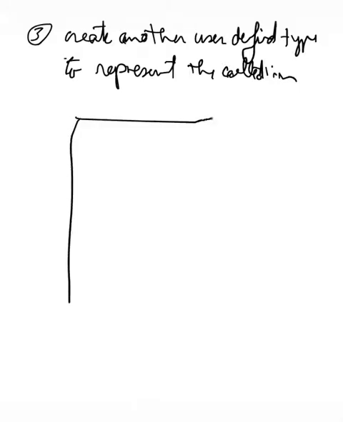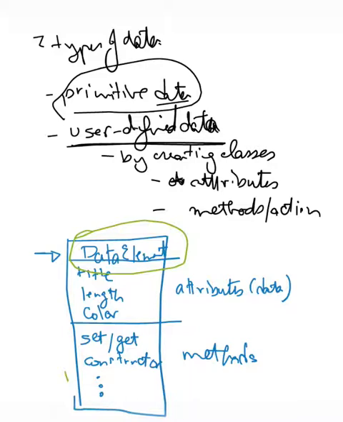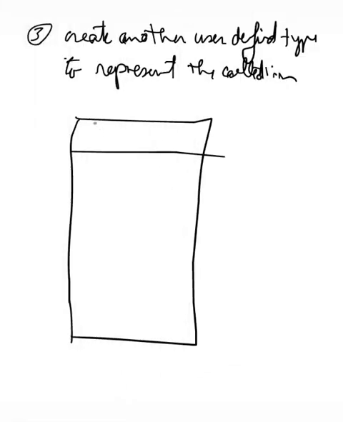So if I create my class diagram, and if I named my data type data element, maybe the other one I can represent as the data collection, for instance.